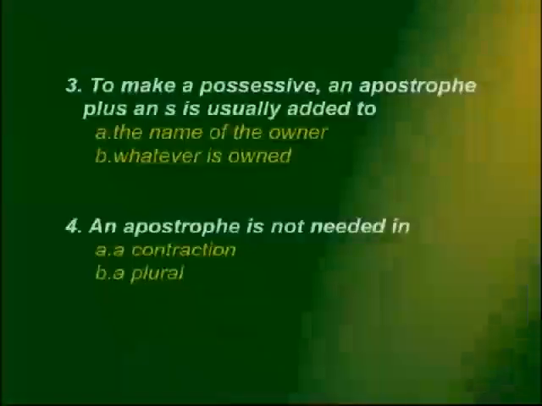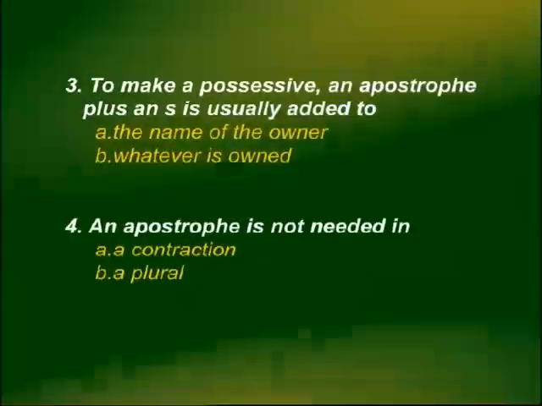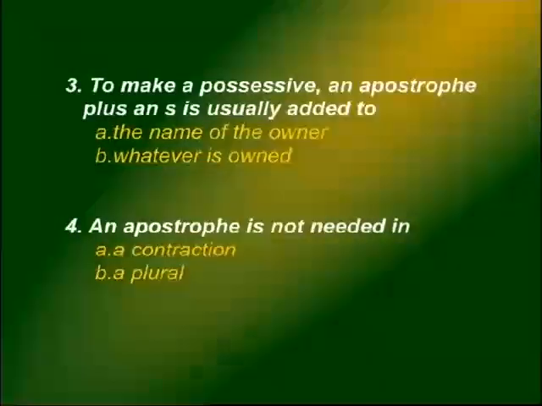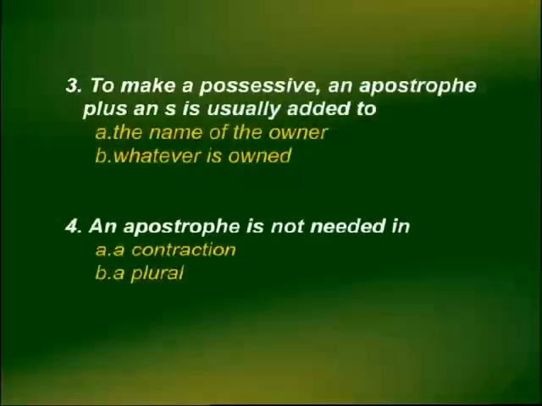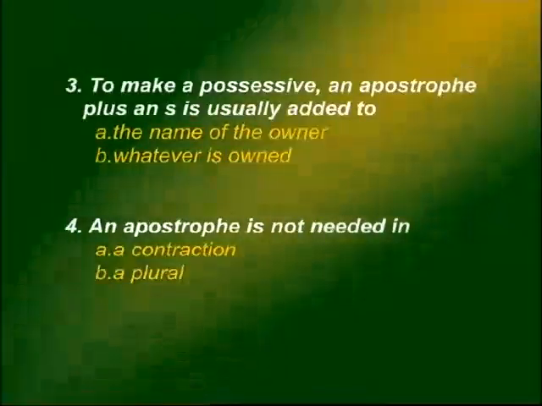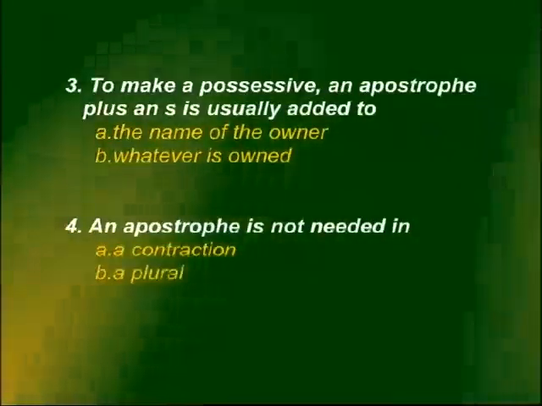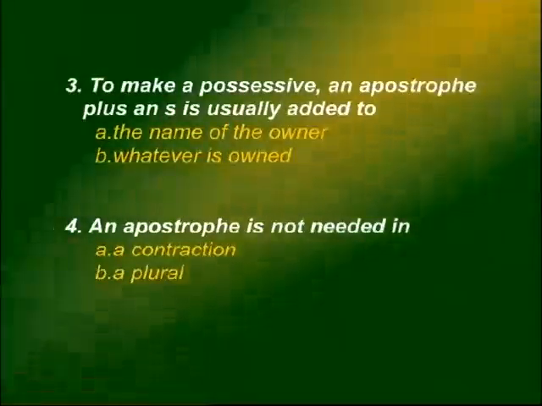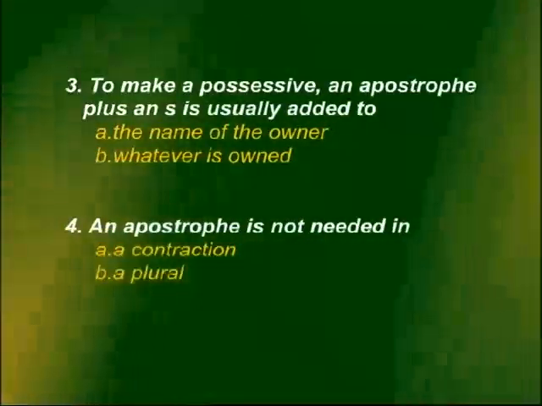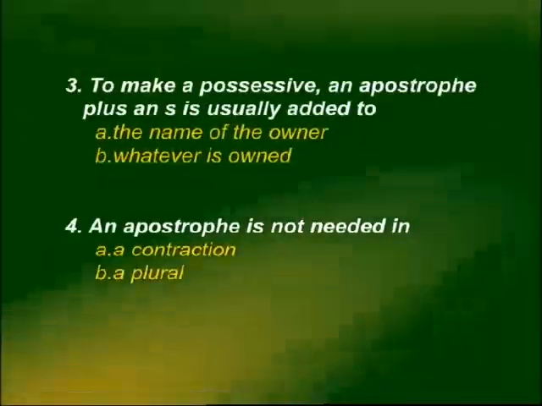Number 3: to make a possessive, an apostrophe plus an S is usually added to A, the name of the owner, or B, whatever is owned. Which one is the correct choice? It is A. To make a possessive, an apostrophe plus an S is usually added to the name of the owner.